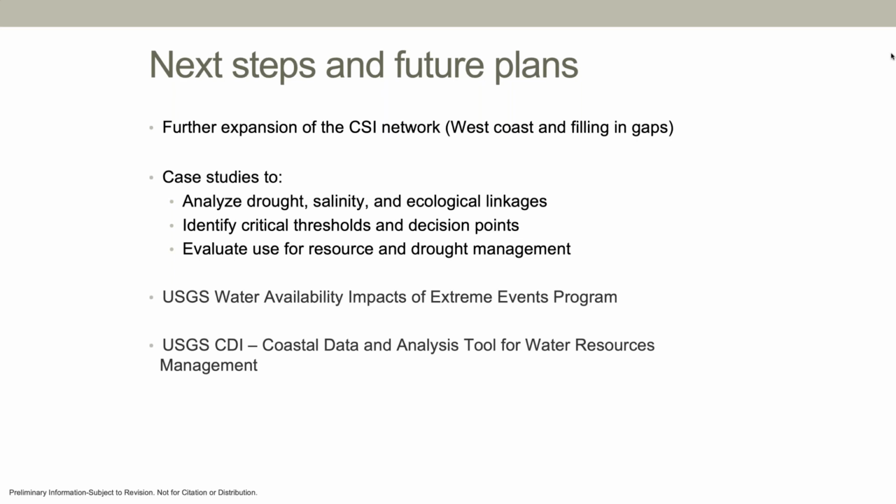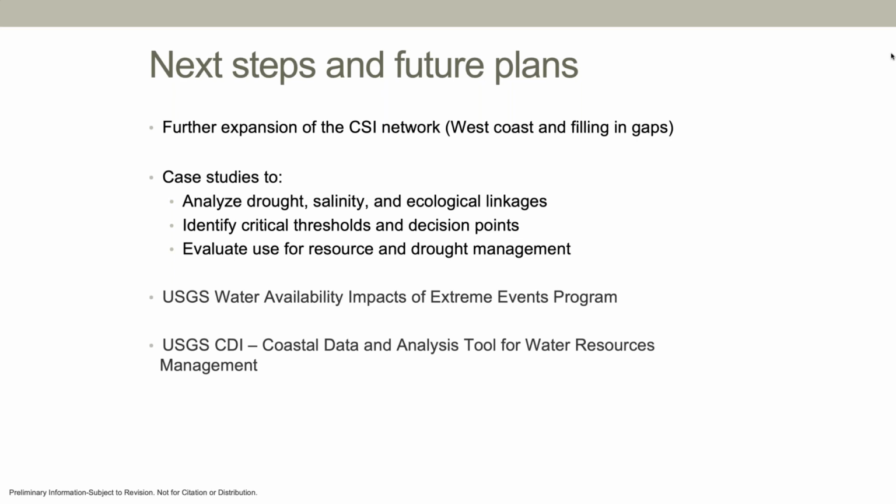As presented today, the USGS is working on case studies to see how well the CSI can be used for ecological linkages and decision making. In addition, our team is beginning to work with the USGS Water Availability Impacts of Extreme Events Program to see if the CSI data sets can be used to help delineate short to long-term impacts of hurricanes to water quality and then therefore water availability in coastal areas.